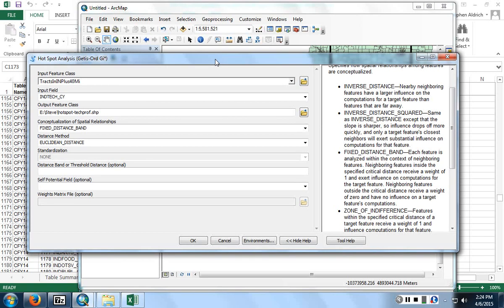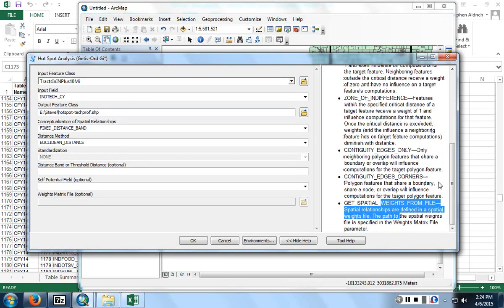Get what I'm saying? It's like a cross-tabulation of every single potential match that could exist. So it's a big spreadsheet that you have to manually make. So most people don't specify manual weights.